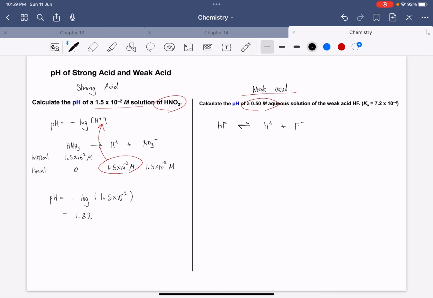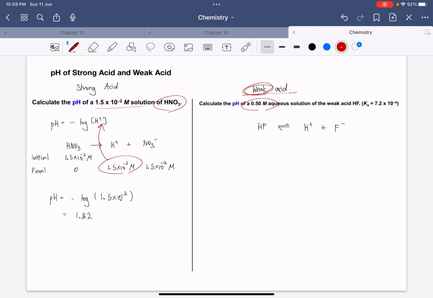Since this is a weak acid, the HF acid will be partially dissociated, which means, unlike the case in the strong acid, where all of the acid is dissociated into its ions, only some of this acid will be dissociated, and some will be left in this acid form.